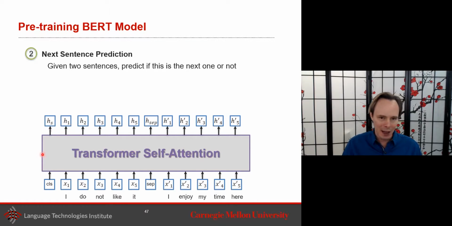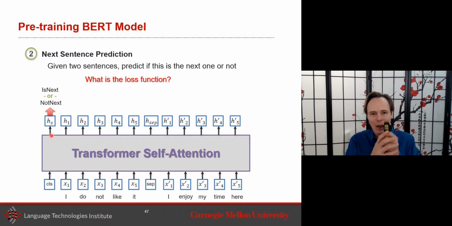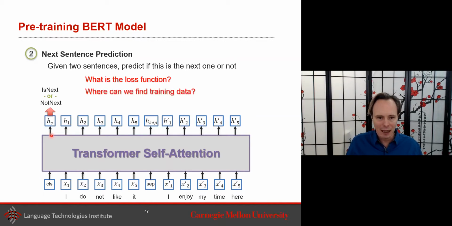And one idea that was proposed is: is this sentence the next one or not, to this sentence? This HS will be used to simply detect yes or no. That's one interesting loss, and the loss in this case is only at this point. Is it the next or not? You have the ground truth because you have a large corpus with a sequence of sentences, and the training data is that corpus.